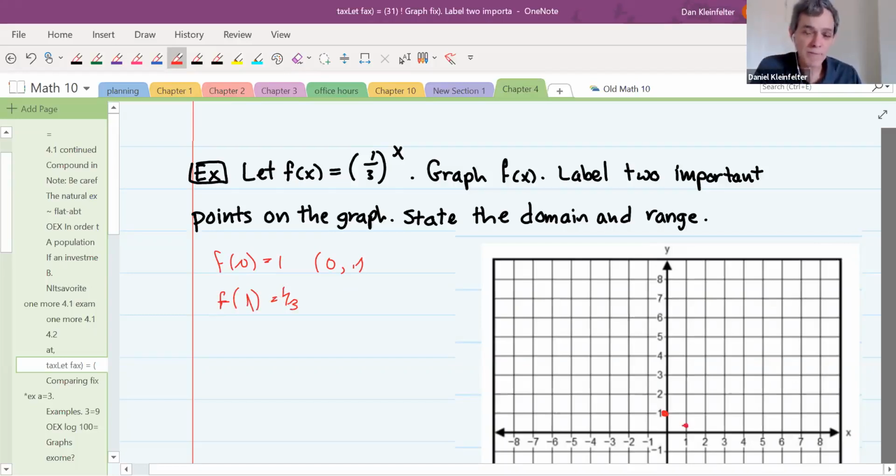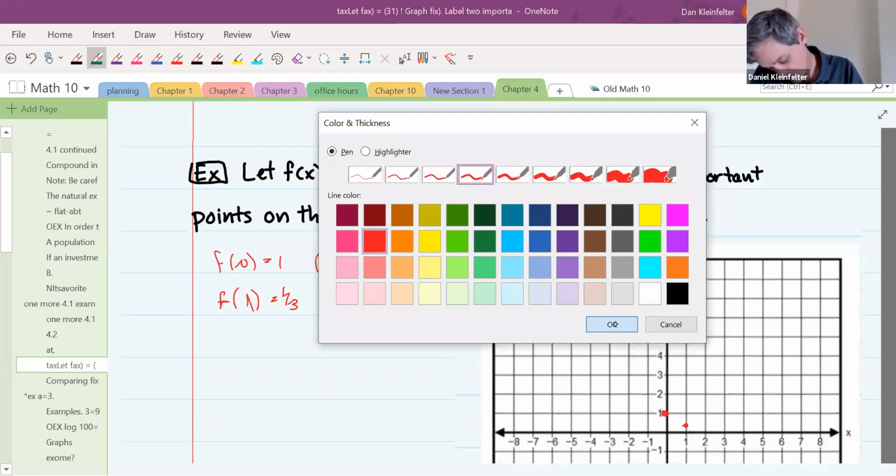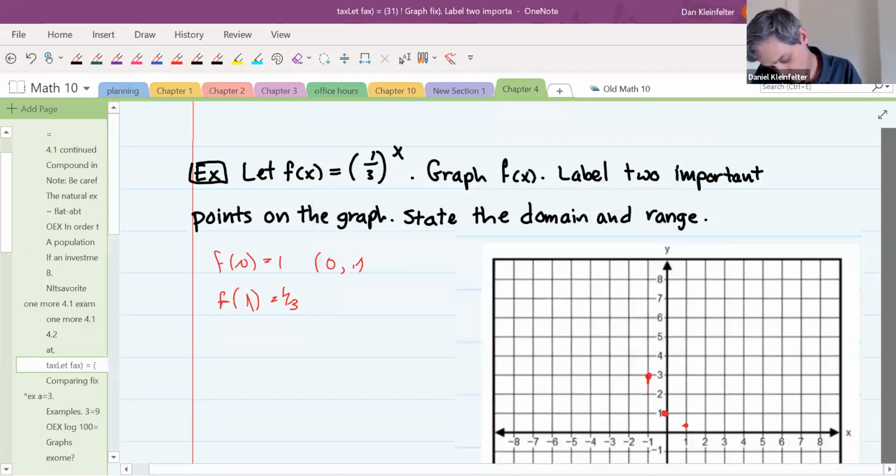Okay, we could plot a couple of other points as well. So -1 will give us 3. And then -2 will give 9. All right, and sure enough, there's one of those decreasing exponential graphs.